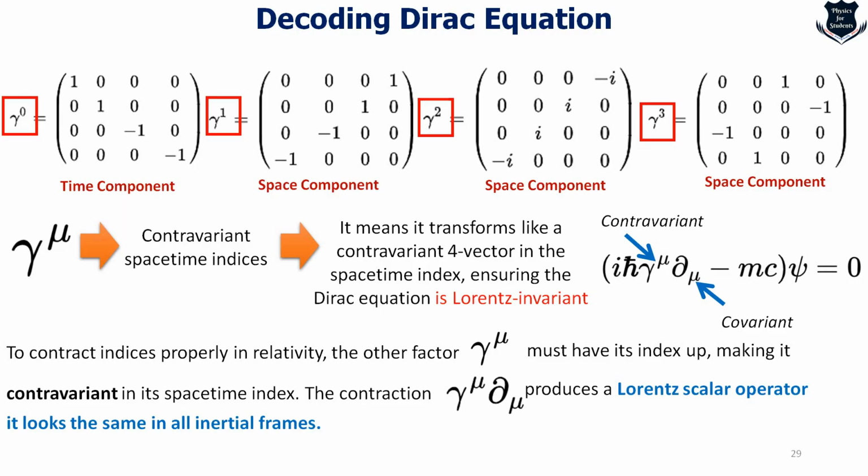That means it is the same for all inertial frames of reference. So the key takeaway is that the gamma matrices are special 4x4 matrices that represent the time and space parts of space-time in the Dirac equation, and when combined with the derivatives, the del mu, they form a Lorentz invariant operator, and this is the same for all inertial frames of reference.